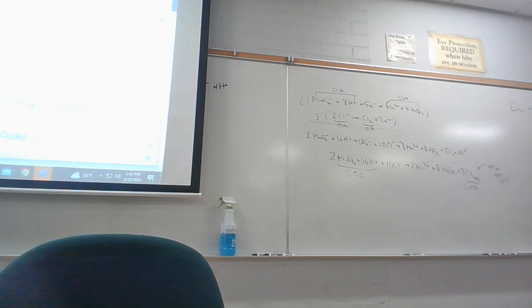You might see this blue PPT, but what's going to happen is this: if we keep adding ammonia, this PPT disappears. If we add excess ammonia, we're going to form this, and this is called tetraamminecopper(II). This is a dark blue solution.